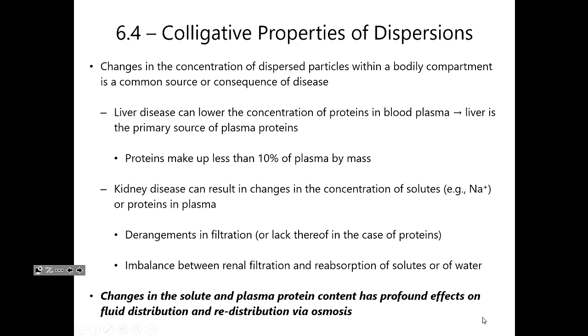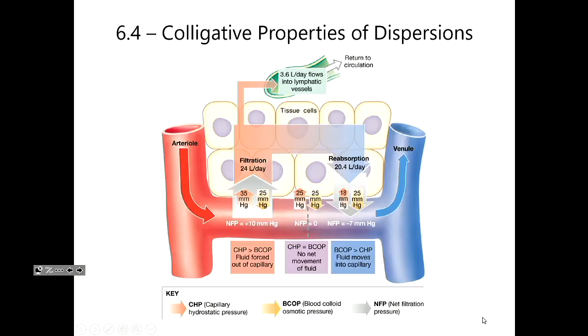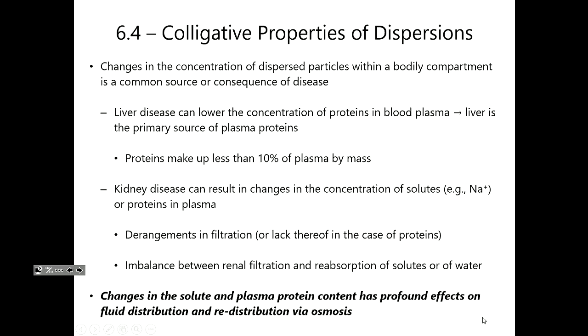The liver is the primary producer of plasma proteins. Whenever you have a liver disease, you can have deficiencies in protein production. The moment you have deficiencies in protein production, the osmotic pressure of the blood changes to the point that it can be significant in this process of fluid shifts between blood and tissues that surround it.